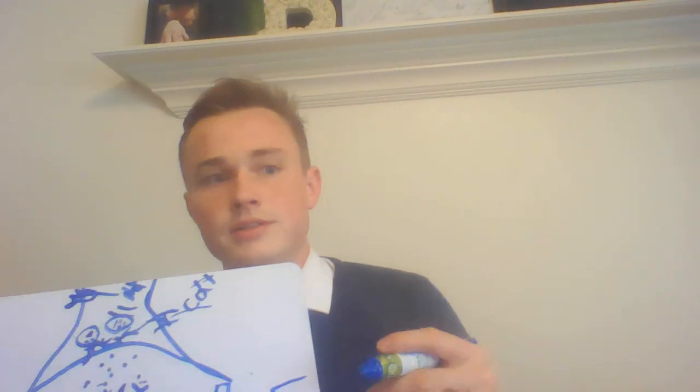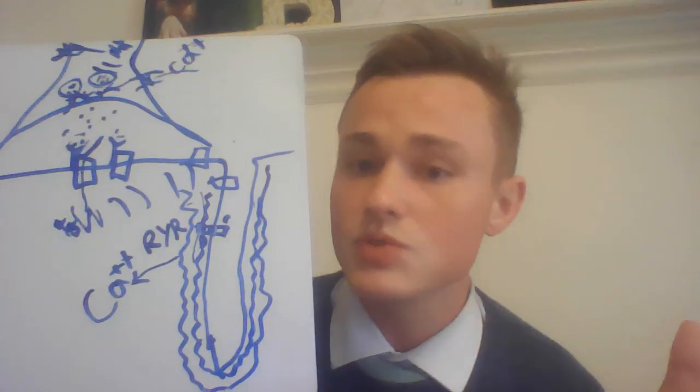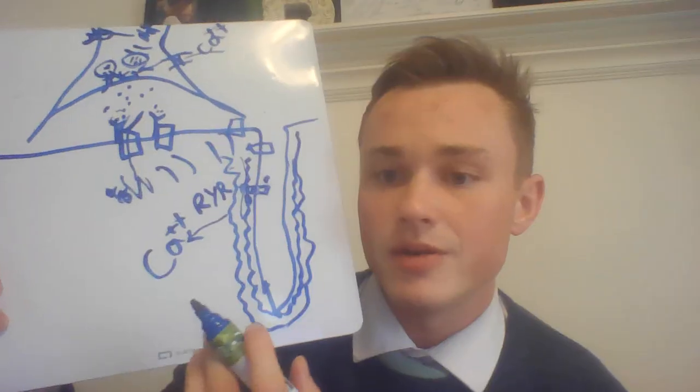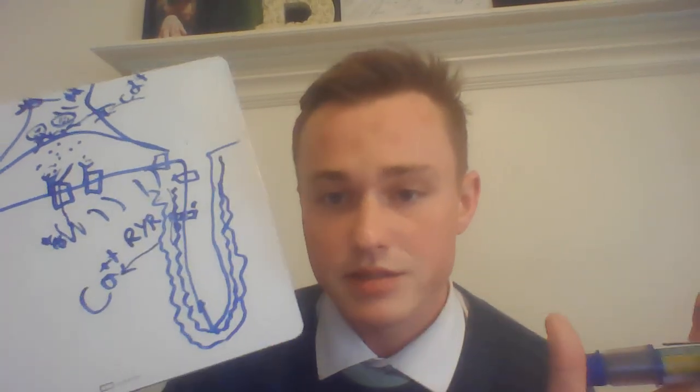Now, the space inside of a cell is often referred to as a cytoplasm, but because we're dealing with muscle fibers or muscle cells, which is synonymous, we call it sarcoplasm. Sarco meaning muscle, plasm meaning space, right?